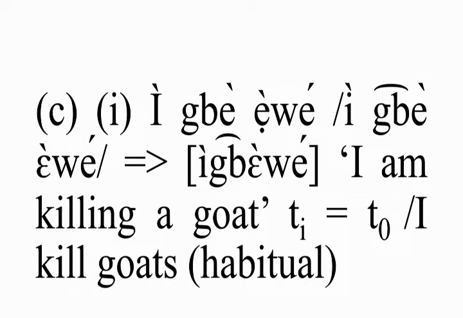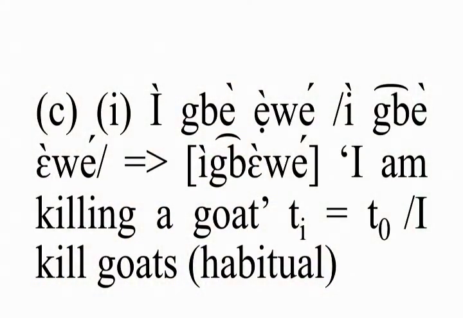That is why you have Ti is equal to T0. That is, the time the action is taking place is when the utterance is made. Igbe ewe, which becomes igbewe, which can also be habitual, like it is my duty, my profession to kill goats.